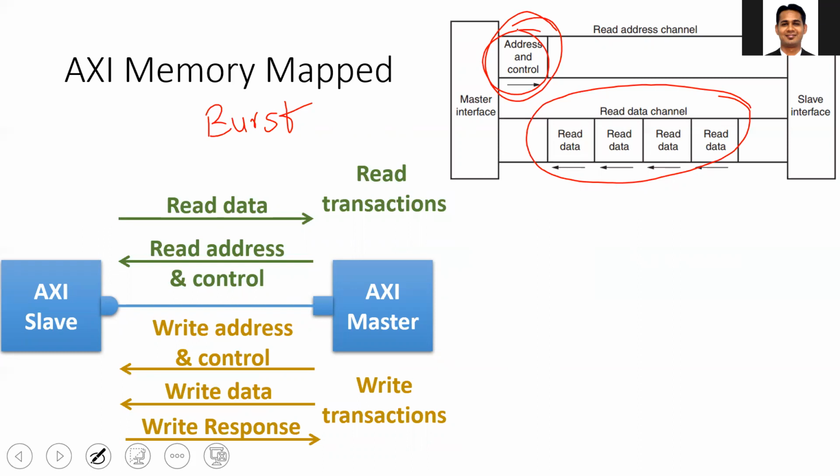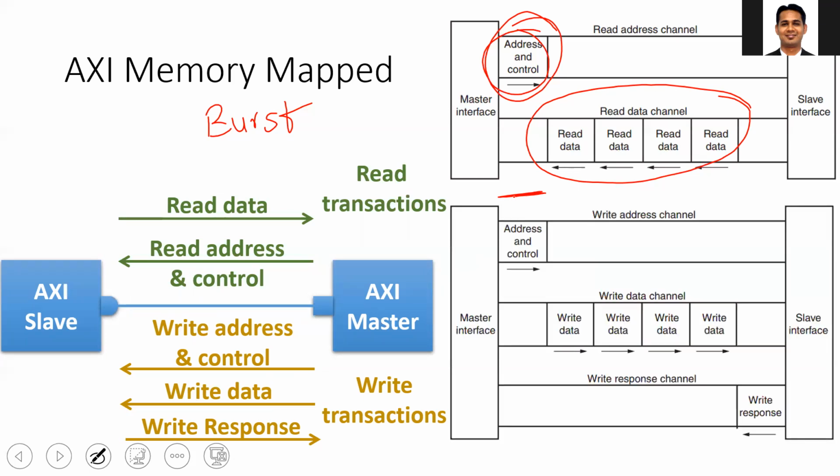It helps give higher throughput, because for every address and control information you are wasting time that could go to the actual data communication, and that's why your throughput gets affected. In a real scenario, burst transfer will help you get higher data throughput.